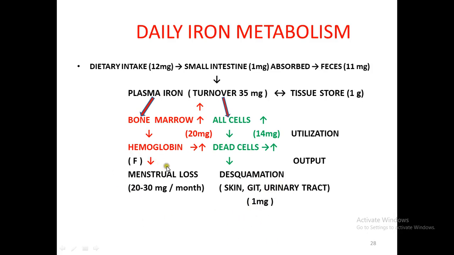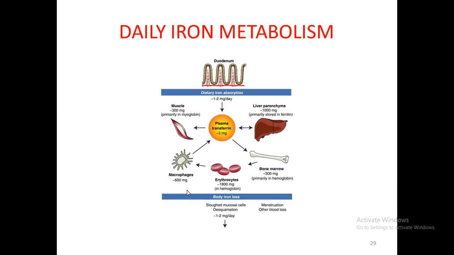But in case of females, you can see that menstrual loss constitutes 20 to 30 milligrams per month. So the daily iron metabolism, as we can see, is that the dietary iron absorption is 1 to 2 milligrams per day, entering the plasma. It is held on by the plasma transferrin, goes to the bone marrow for the synthesis of RBCs.